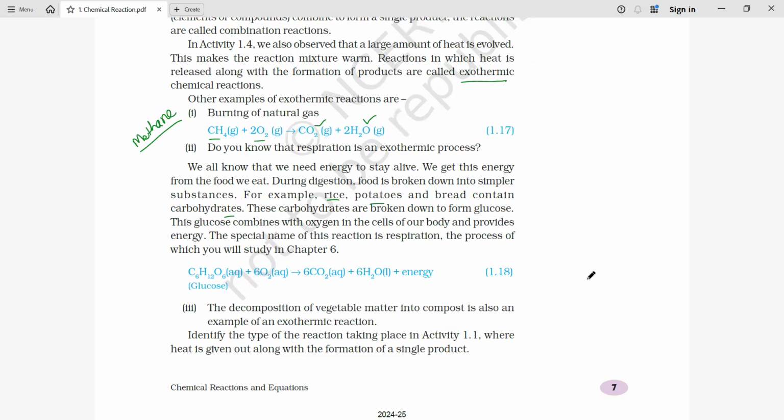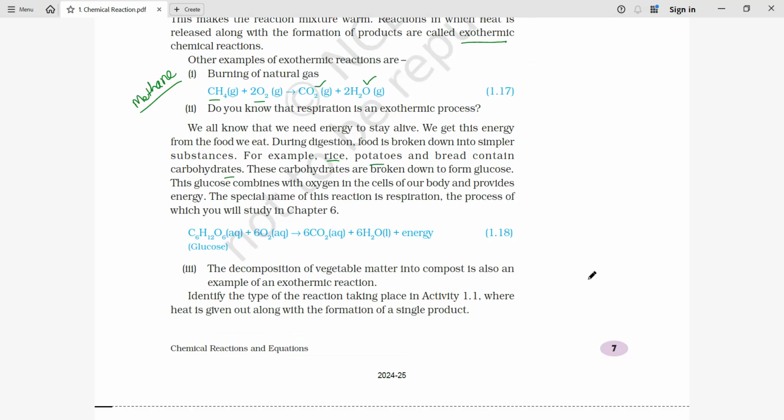Finally, this glucose is going to be utilized, going to burn with oxygen to provide the energy, the carbon dioxide, and the water. Finally, if you see in the higher class, this glucose is also going to break into maltose, fructose, sucrose. So finally, after digestion, whatever carbohydrates are there will be broken down into the form of glucose.